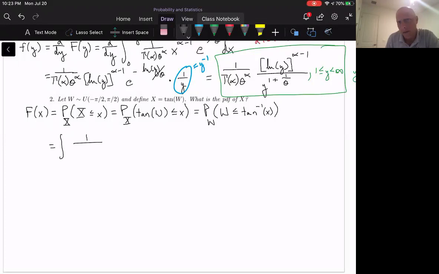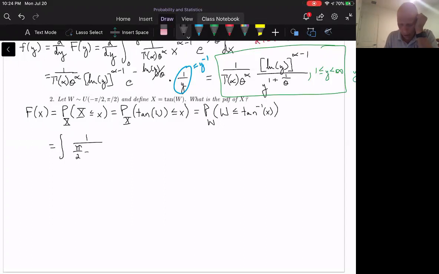What is the PDF of W? How do you get the PDF of a uniform? 1 over b minus a. And b here is pi over 2.